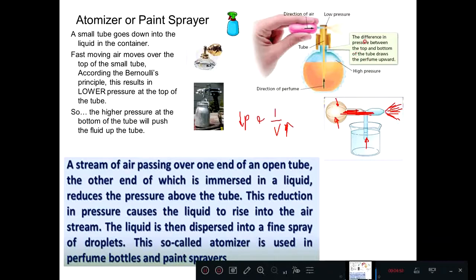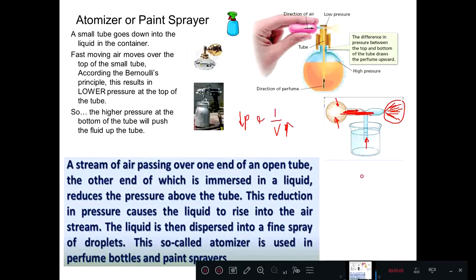Here it is written, the difference in pressure between the top and bottom of the tube draws the perfume upward. Hence you will be getting a fine spray out of the tube.